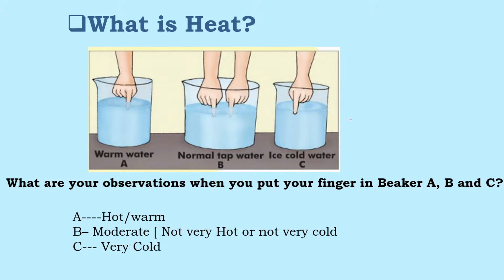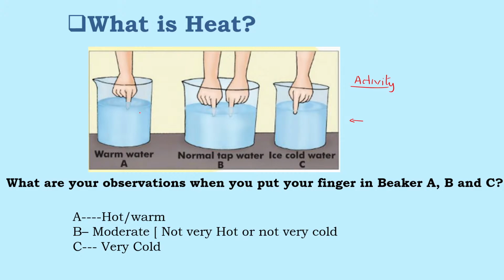There is a slight twist in the activity. You can perform this activity at home. You take 3 bowls. In one bowl, you put warm water. In one bowl, you put ice cold water. And in one bowl, you put normal water.